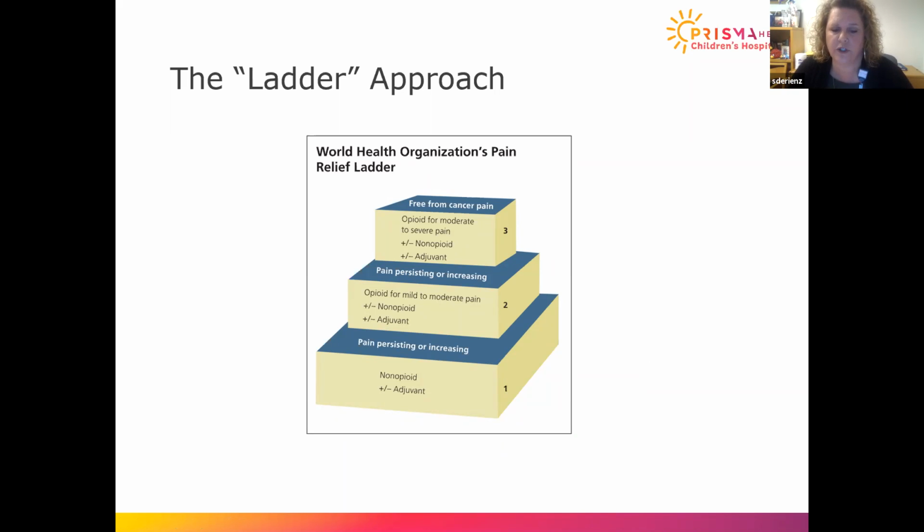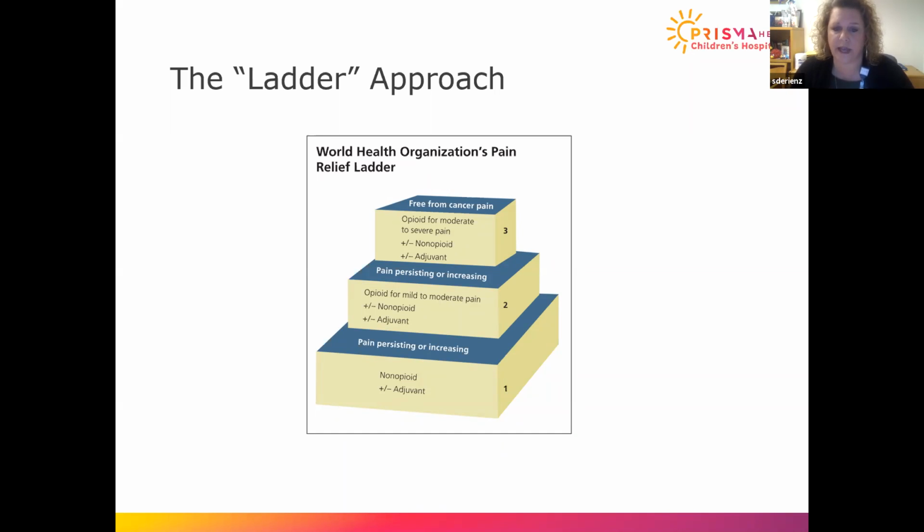Starting out, just using non-opioids, plus or minus adjuvant therapies. As your pain gets worse or your complications get worse, going up that ladder and seeing what things you need to add or what things you need to change to make that overall pain management better. So going up to step 2, whether you use an opioid plus or minus some kind of non-steroidal, or whether you use something for neuropathic pain, like gabapentin.